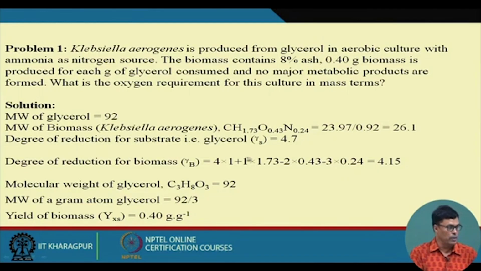The degree of reduction of the substrate we can easily calculate, since the substrate is glycerol. It comes to about 4.7, and the degree of reduction for the biomass, which I have shown you before, is calculated at 4.15.